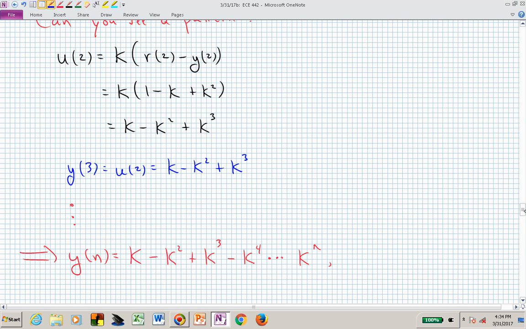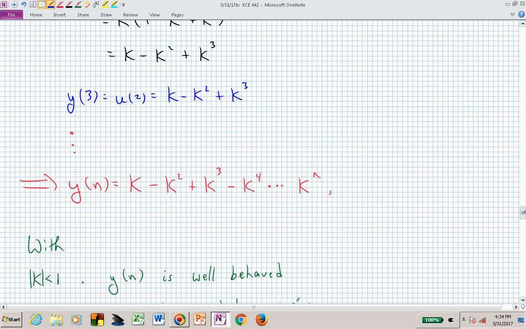Well, that maybe doesn't look so good. It might be okay if k was less than 1. If k was less than 1, then we're raising this value of k that's less than 1 to a higher and higher power. That's shrinking, so y of n would be well behaved. The tail would shrink and we would be converging to some value.